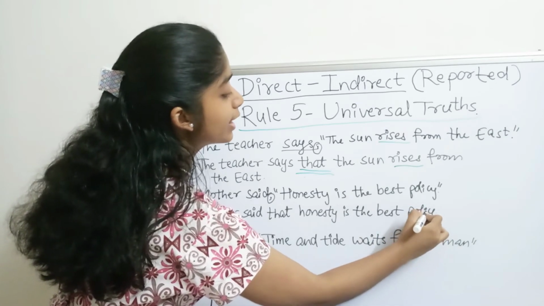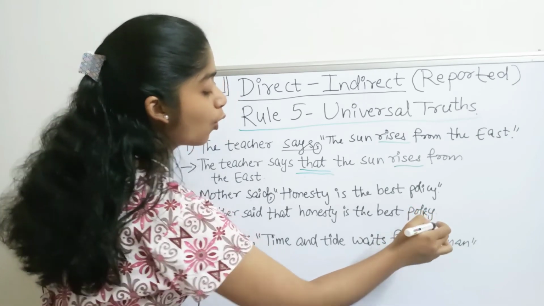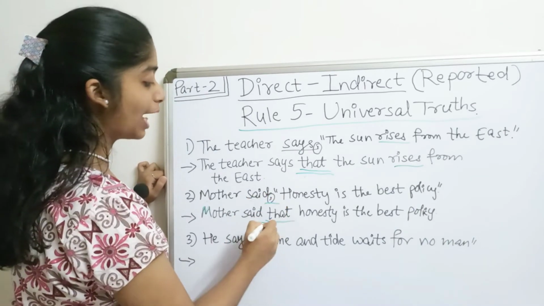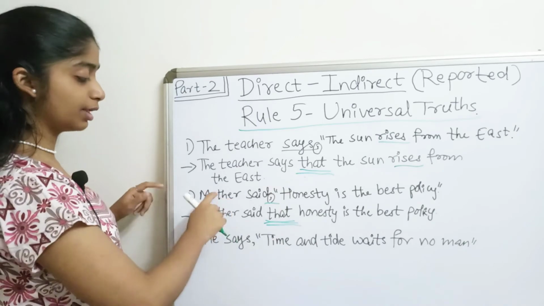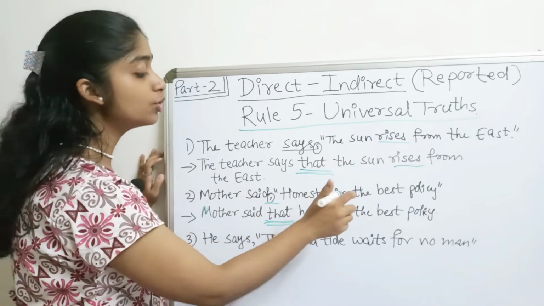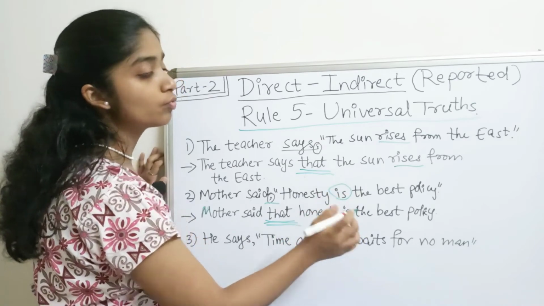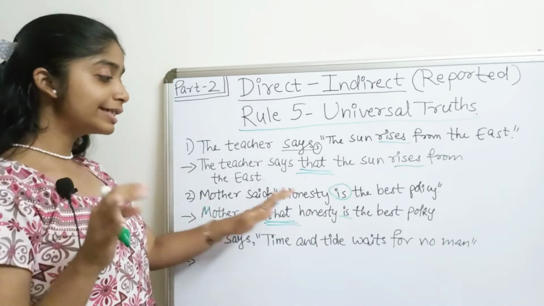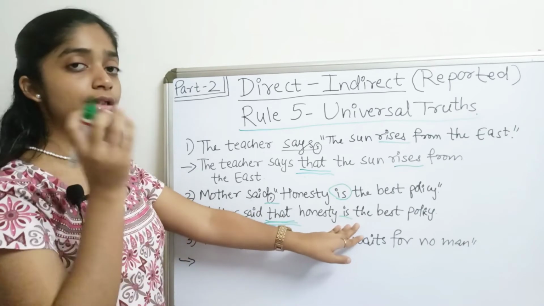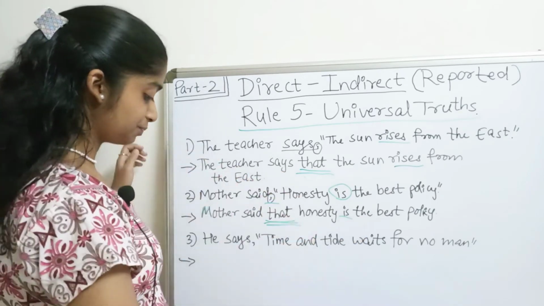Again, in this sentence we have only changed comma to that and nothing else. Mother said, honesty is the best policy. We won't change is to was. No, is will remain is, because it is a proverb. It is a universal truth.